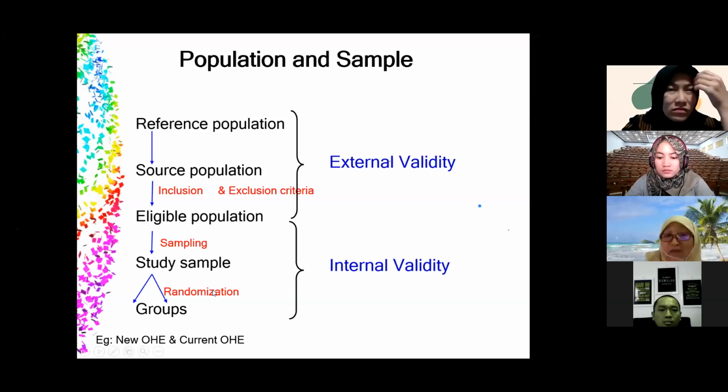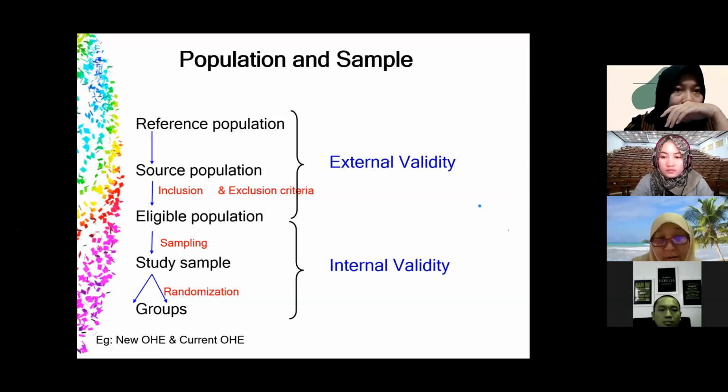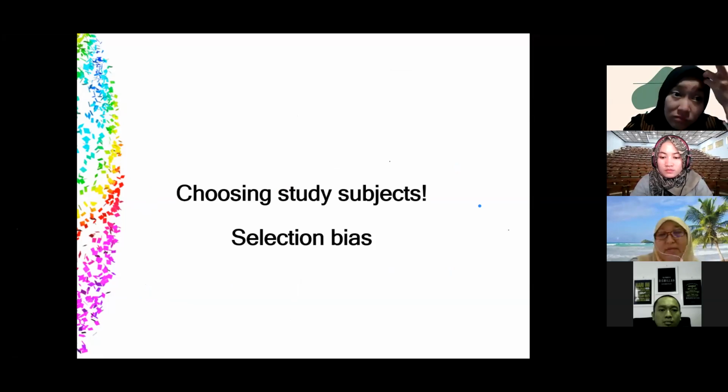It needs to have a method, which is randomization. You will be surprised when you read a paper looking at intervention, but there's no randomization. Okay, so that's a poor paper. Yeah. Now, kenapa important for a paper to explain how they choose study subject?